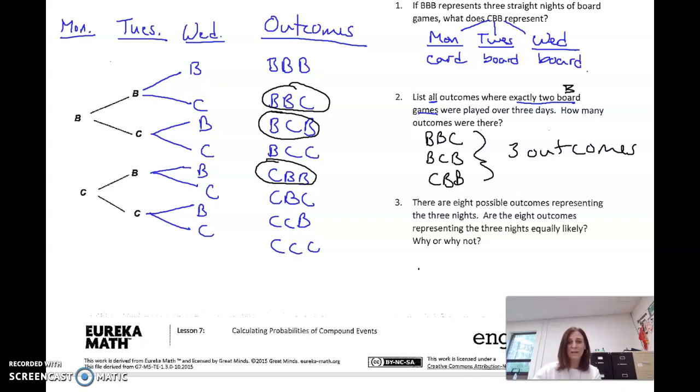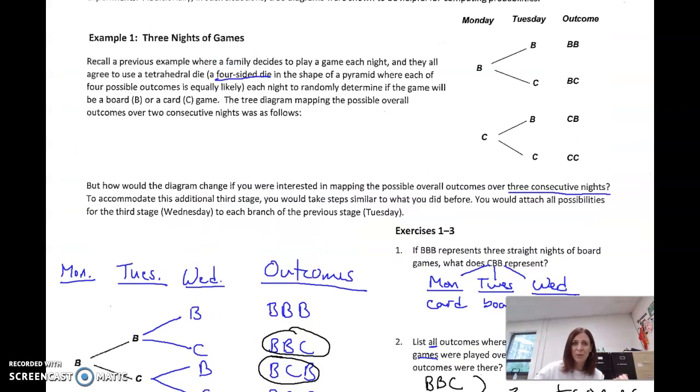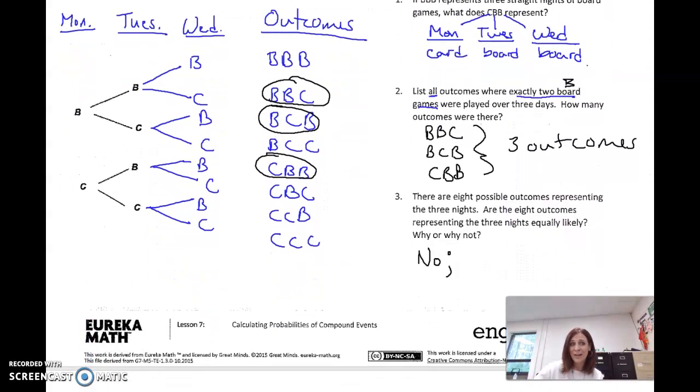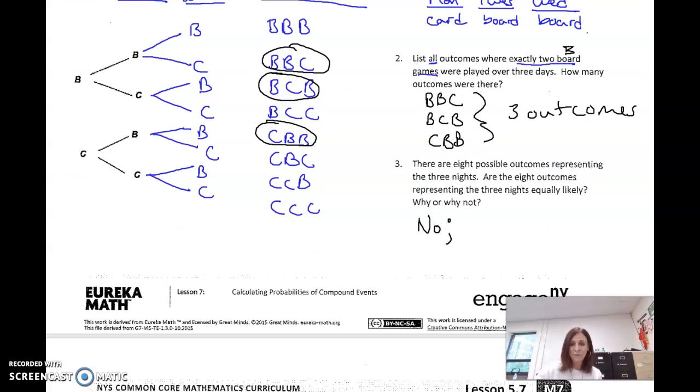No. Because, and this is something you have to think back to the last notes, they used that 4-sided tetrahedral die to decide. This is going to come into play in the next example that we'll do in the next video.